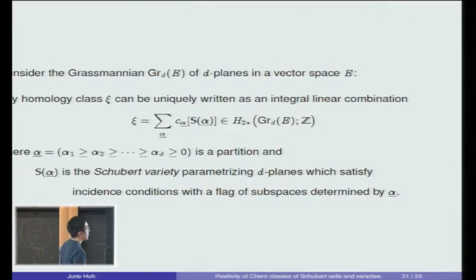That decomposition gives a distinguished basis for the homology group of the Grassmannian with integer coefficients, giving you the fact that whenever you have a homology class inside the Grassmannian, it is uniquely expressible as an integral linear combination under this distinguished basis of Schubert varieties. So a homology class in the Grassmannian is simply a list of integers.